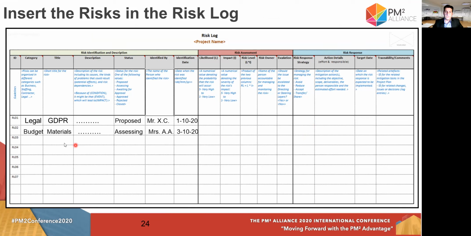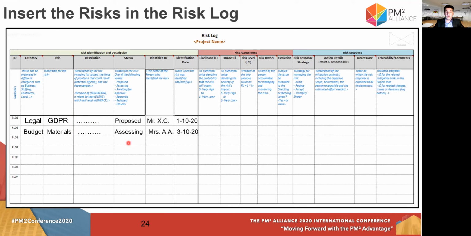And you can see here a specific category from the RBS, a single title of the risk, like GDPR or materials, and a description of the risk, and you have to put it in one sentence in a specific way. You have to write it: cause, risk, effect. And you can see here on the artifact an example.